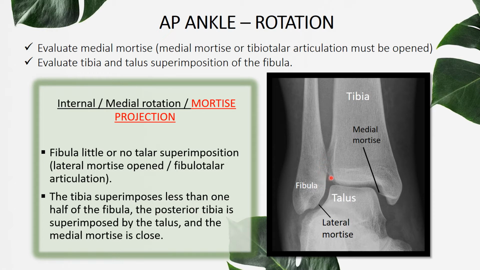The second thing is the tibia superimposed less than half of the fibula. This is so little, as you can see here. The posterior tibia is also superimposed by the talus, and the medial mortise is closed. This is the criteria of the mortise projection, medial rotation.